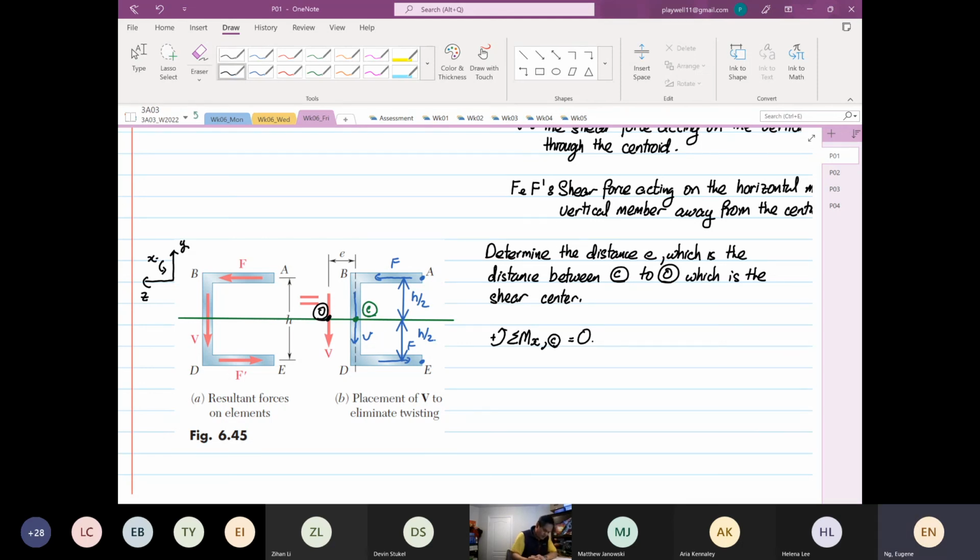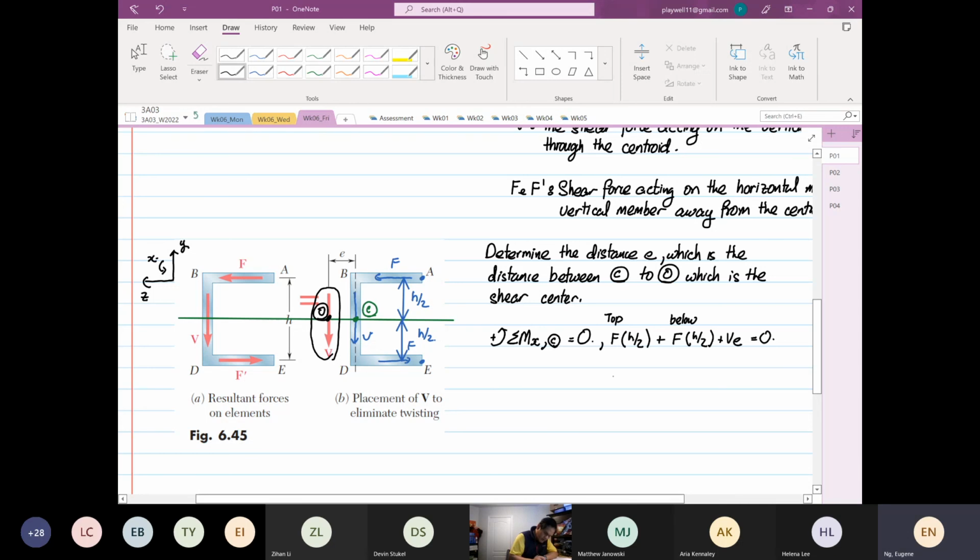So the top one, the F, we're going to take moment of point C. Moment is force multiplied by perpendicular distance. It is going anti-clockwise. So F multiplied by h/2, this is for the top F, plus F that's below the centroid, h/2. And then we also have plus V multiplied by E. Okay, and this thing is equal to 0.